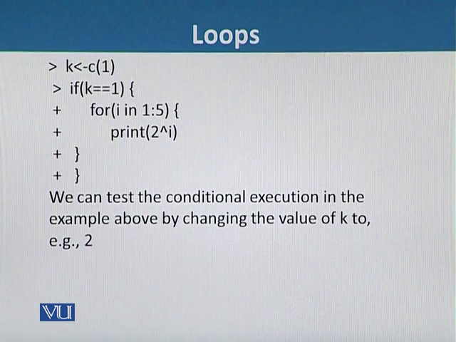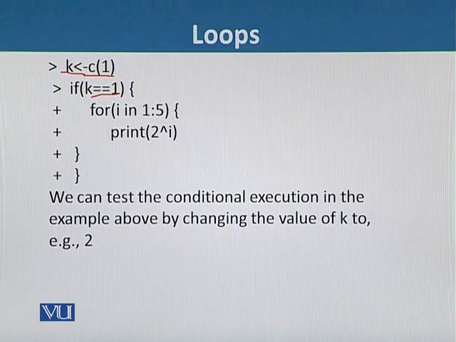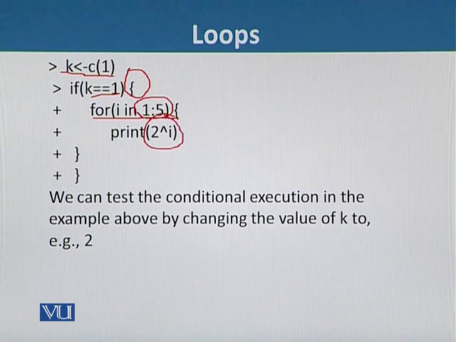We will see here an example of the if loop. We have the variable k equal to 1, and if k is equal to 1, then the curly bracket starts, which is the start of the if loop. Within this there is a for loop: if the if condition is correct, meaning k is equal to 1, then the for loop will start and execute from 1 to 5, and it will print 2 raised to power i, where i is 1 to 5, as we have seen earlier.